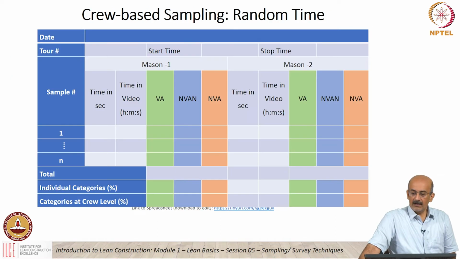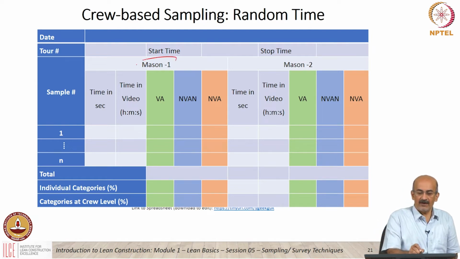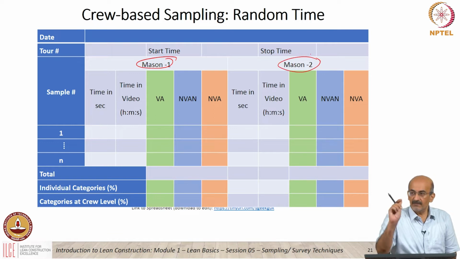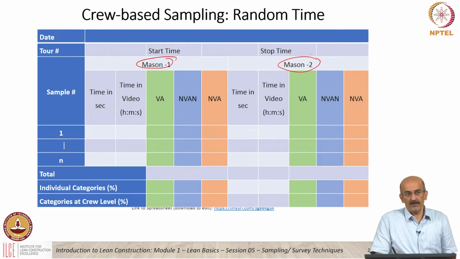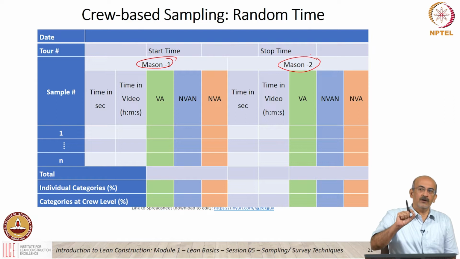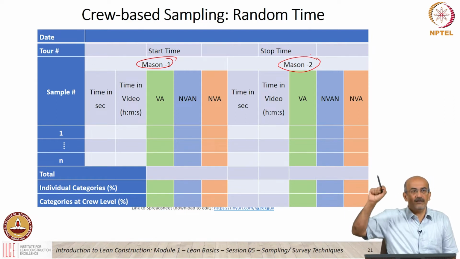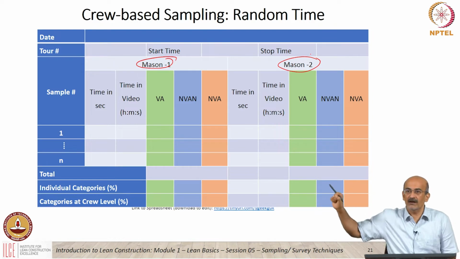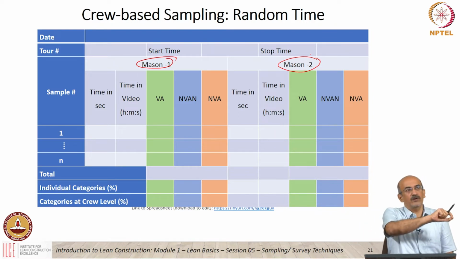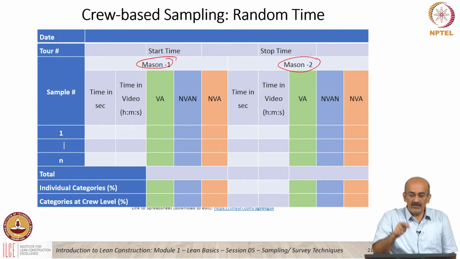And the form is nearly the same, except that you are now identifying people if it is a specific crew. If you are going to go to what we call a modified crew approach, where you are looking at multiple locations, same type of work, you then almost can go to a tour based approach form, but with much more detailed categories.